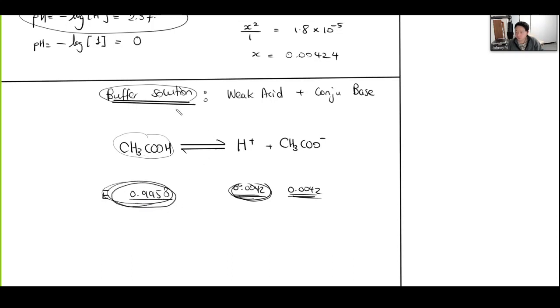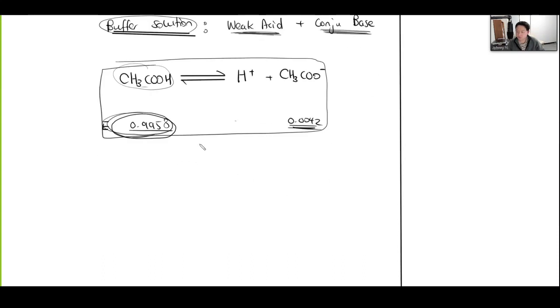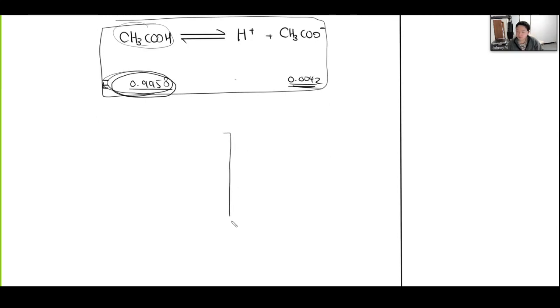To create a buffer solution, you need a weak acid, but you also need a conjugate base. Do we have conjugate base? Yes, we do, but not a lot, right? What we have here at the moment is just made by putting it into water.